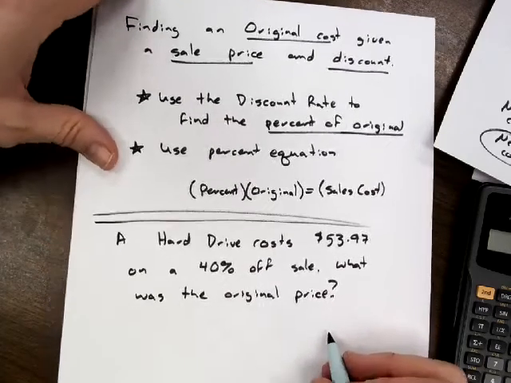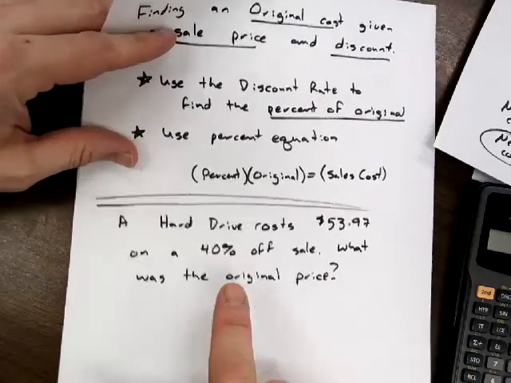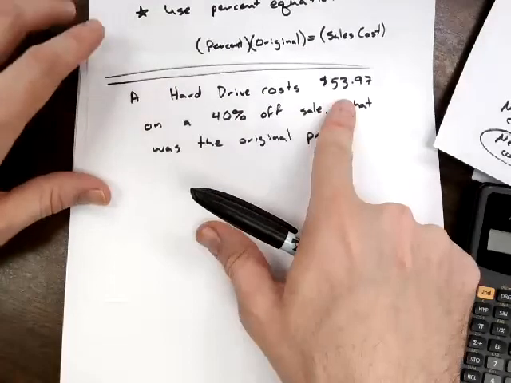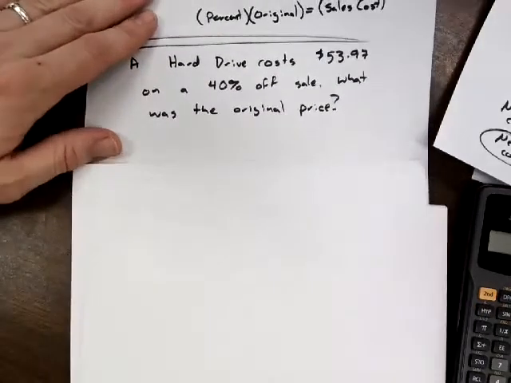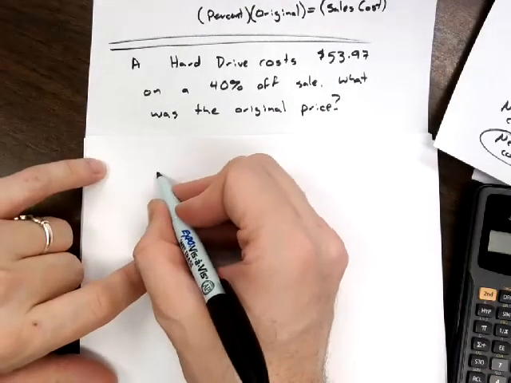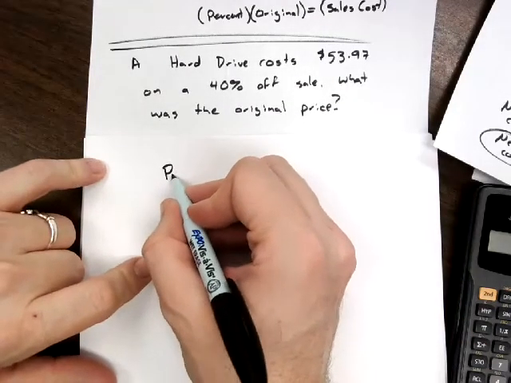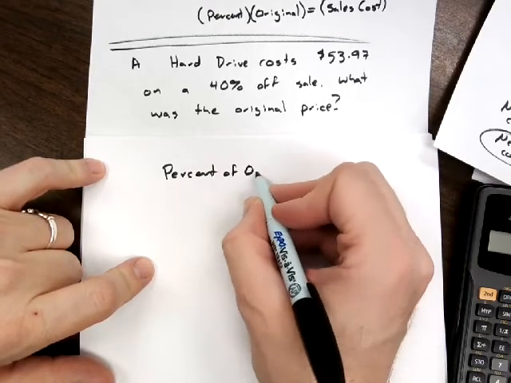Well, what we're going to need to figure out is that this $53.97 isn't 40% of the original cost. It's going to be 60% of the original cost. So we need to figure out that percent of the original.